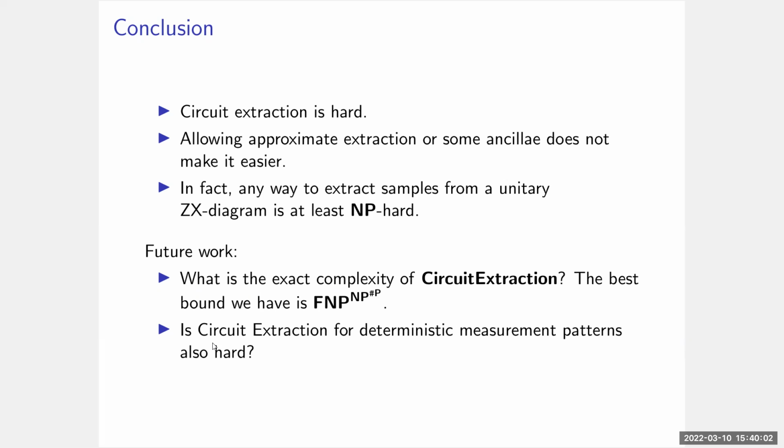Because then there are more regularity conditions, because they are all based on measurements and corrections, and it's still deterministic. So is it still hard to make it into a circuit? We know that if it has the gflow property, so if it is uniformly, stepwise and strongly deterministic, then it is easy. But what if we weaken that to just determinism? Is it then hard?